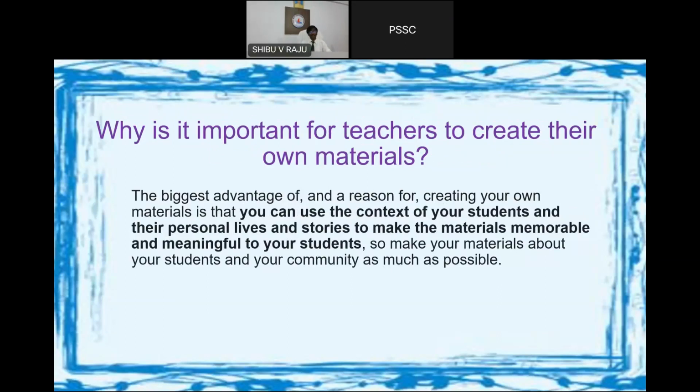So the biggest advantage of, and a reason for, creating your own material is that you can use the context of your students. Suppose I have personal stories or something to say, just say it. For example, I watched a movie, connect the incident with the movie.